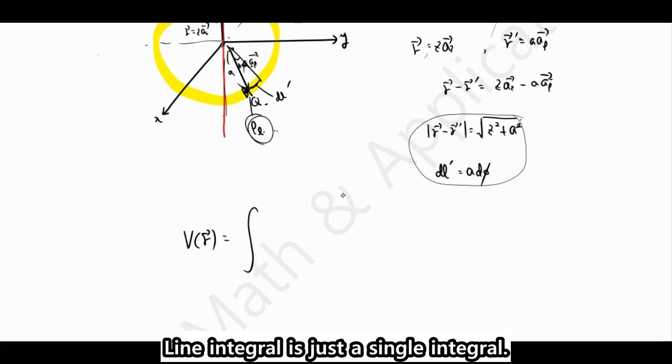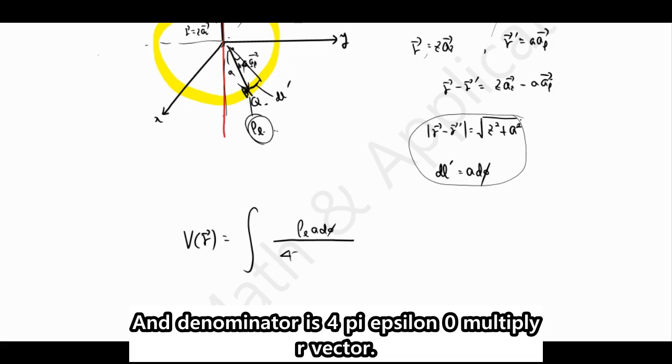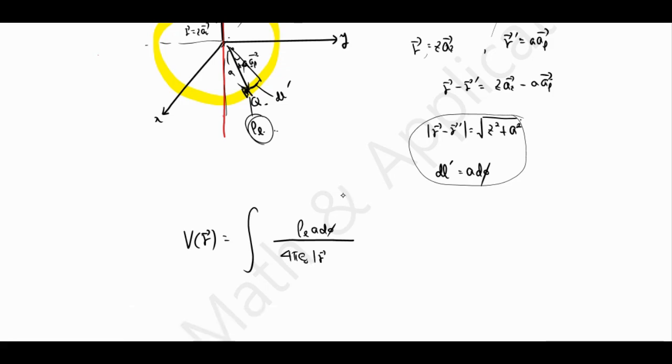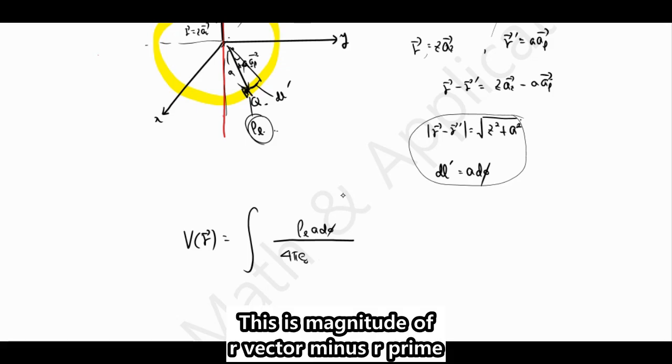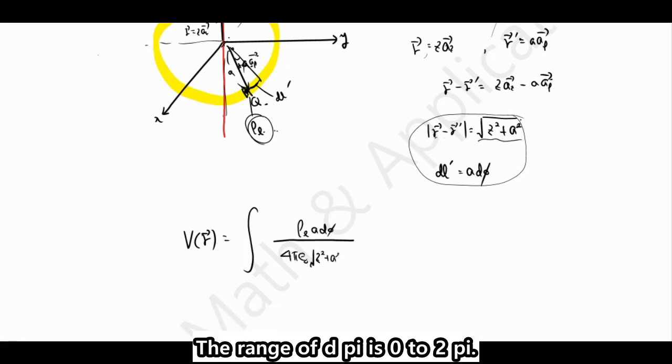A line integral is just a single integral. So this is rho L a d phi, and the denominator is 4 pi epsilon 0 multiply the magnitude of r vector minus r prime vector, which is the square root of z squared plus a squared.